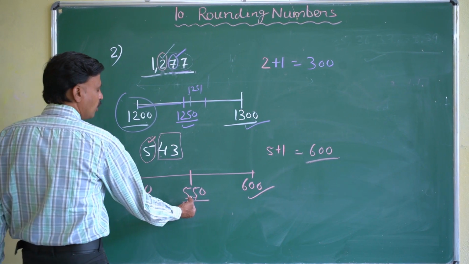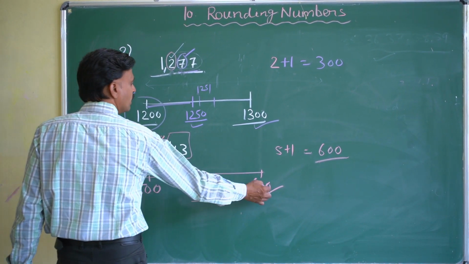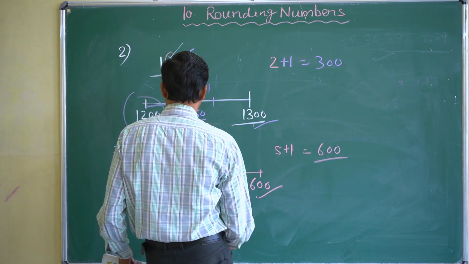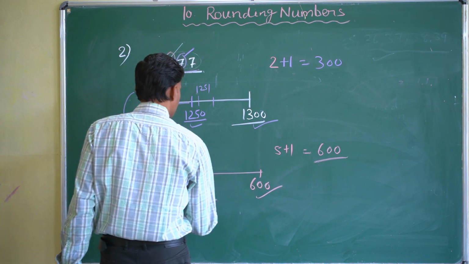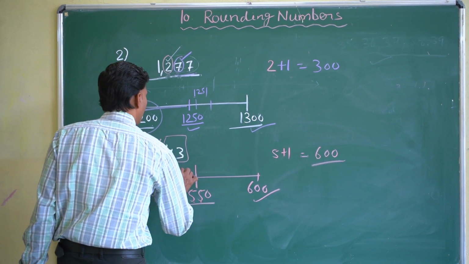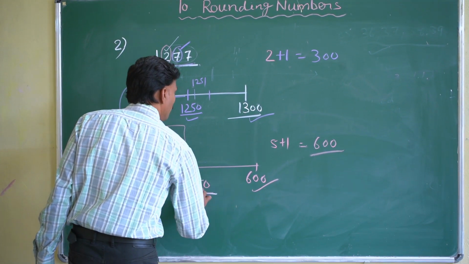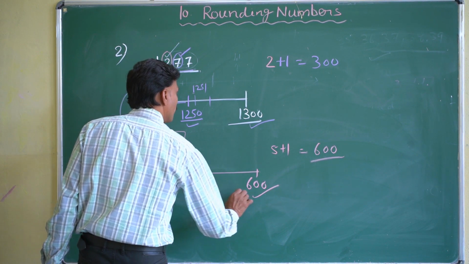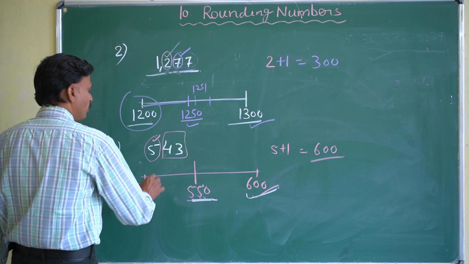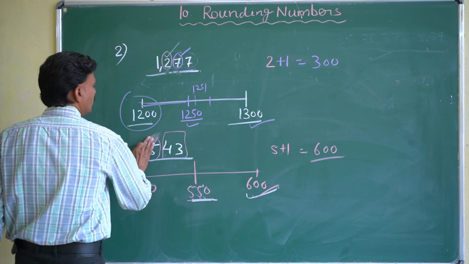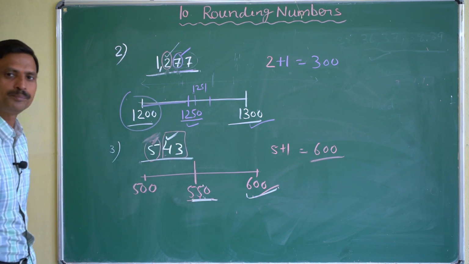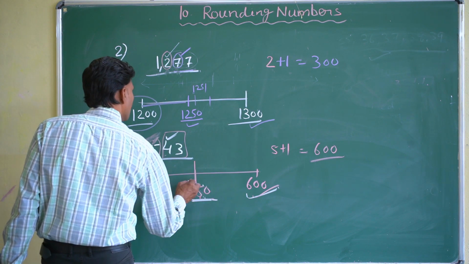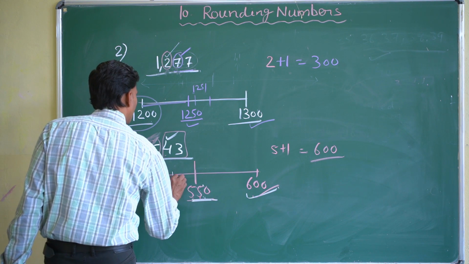Or on the number line also you will see this is 500, this is 600, the middle is 550, and in the middle you will see where this value 543 will be. If the value is 550 or more than 550, it goes to 600. But you'll see the 10s place digit here is 4, which means this value is on this side. Suppose it is here, 543.